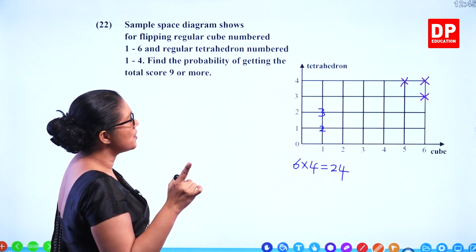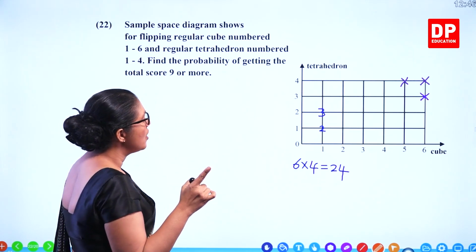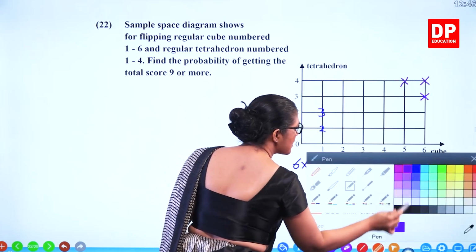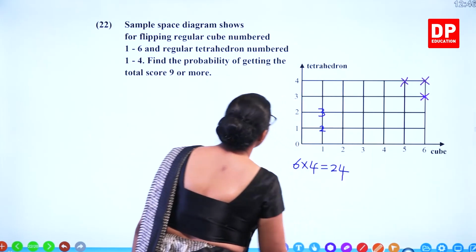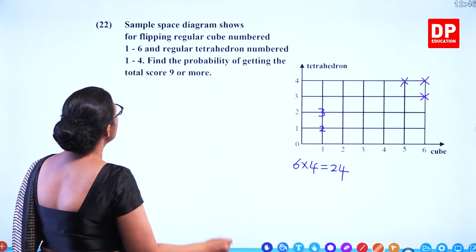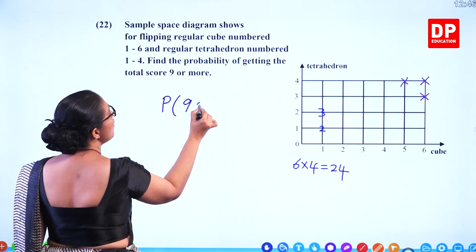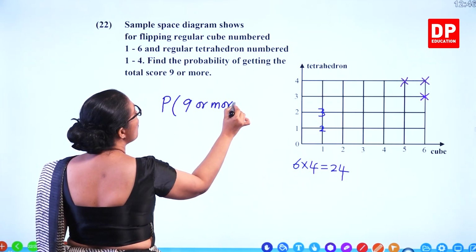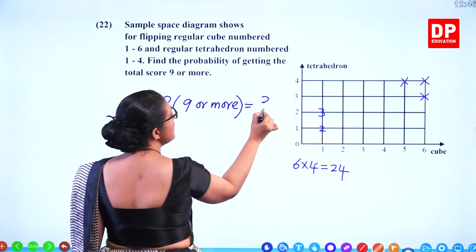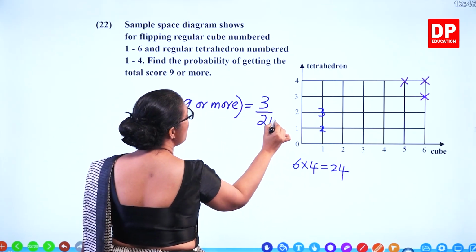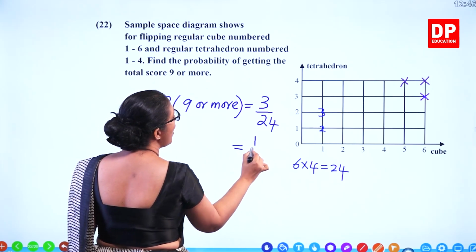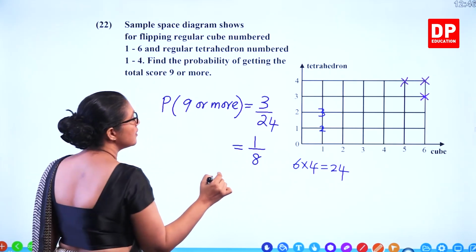So only 3 possibilities out of 24. So what's the probability? Probability of getting total score 9 or more: 3 possibilities out of 24, or 1 over 8.